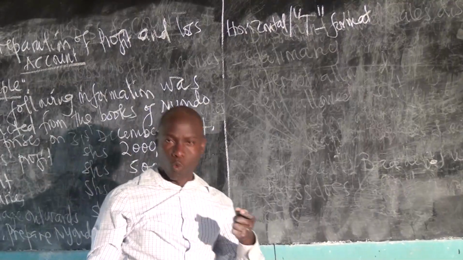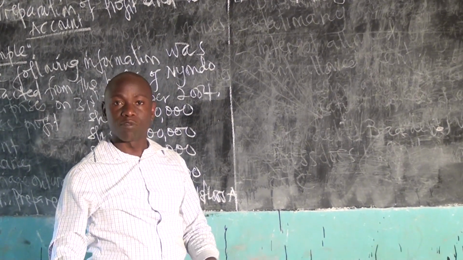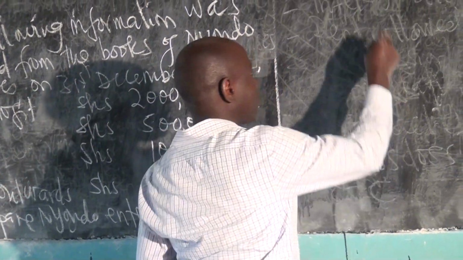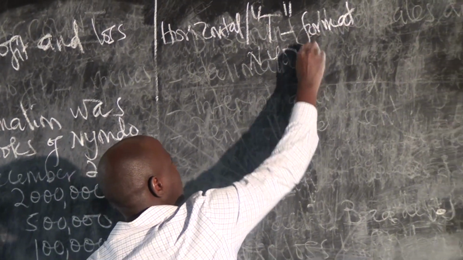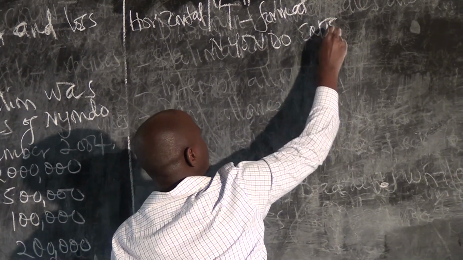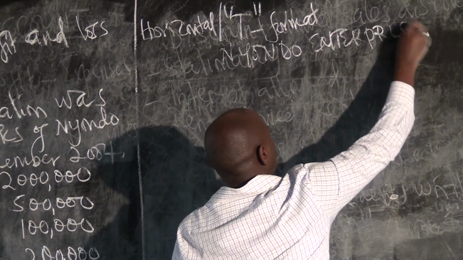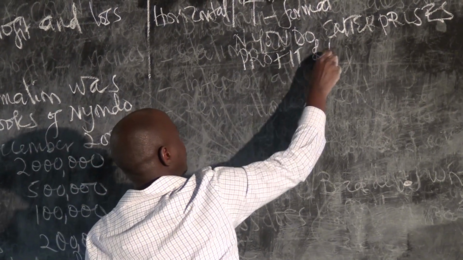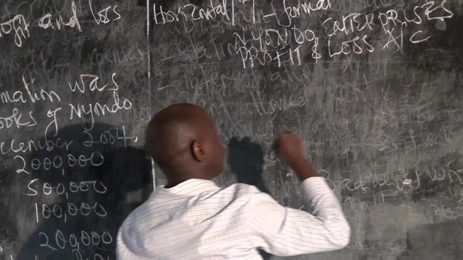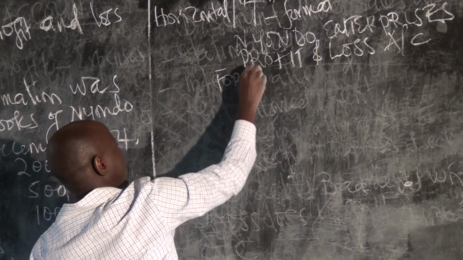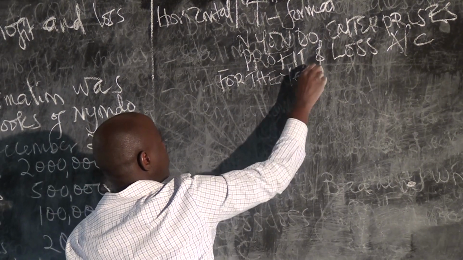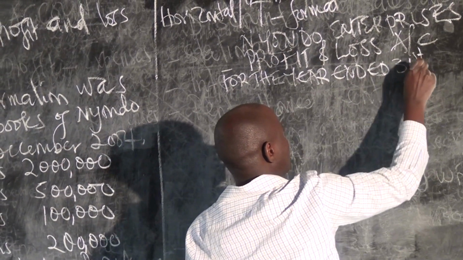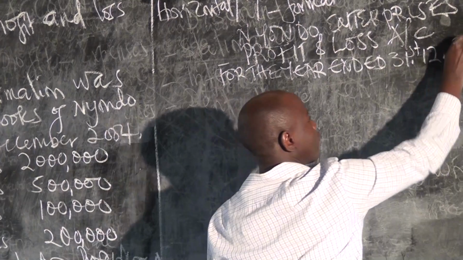As usual, when you are preparing these financial statements, you start with the title, and the title must be written in 3 lines. You start with the name of the business. For example, here we have Nyondo Enterprises, profit and loss account for the year ended 31st December 2004.